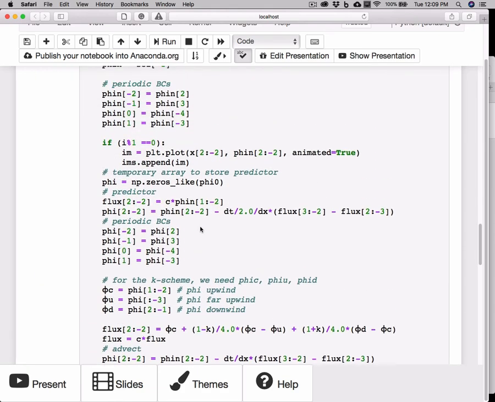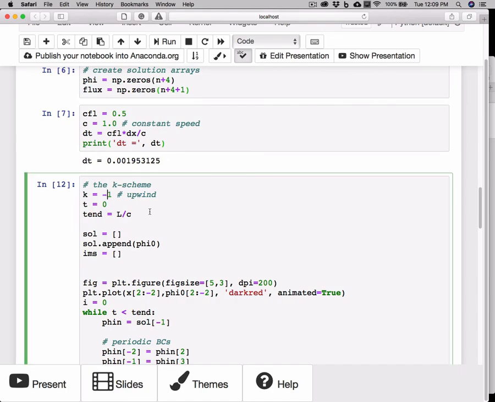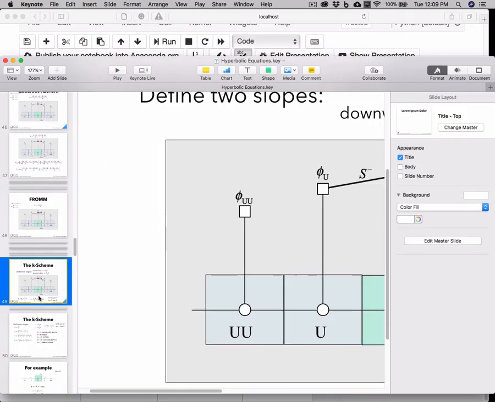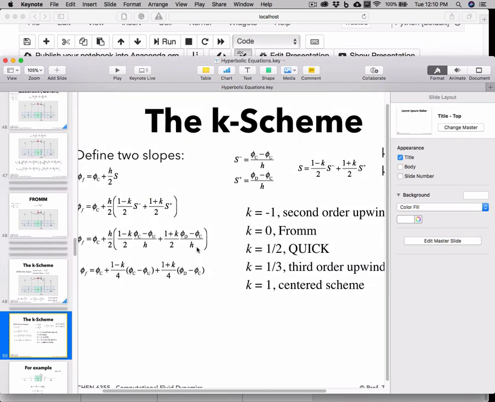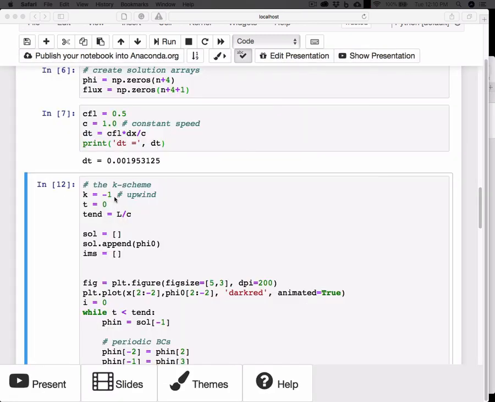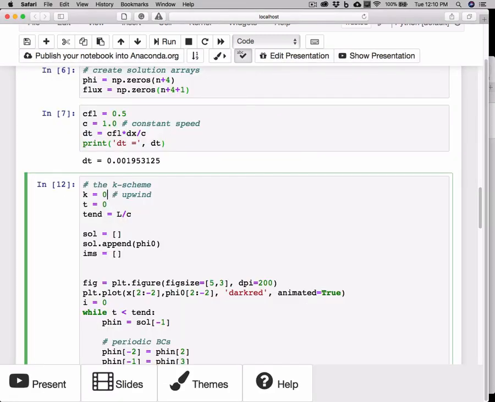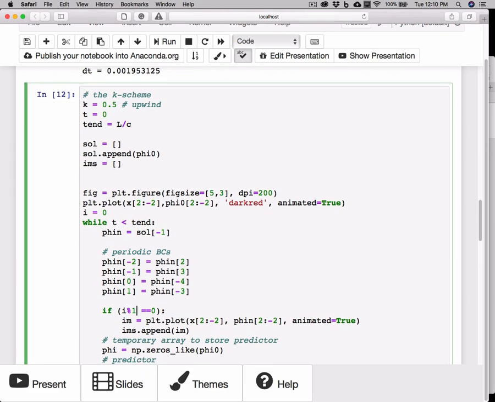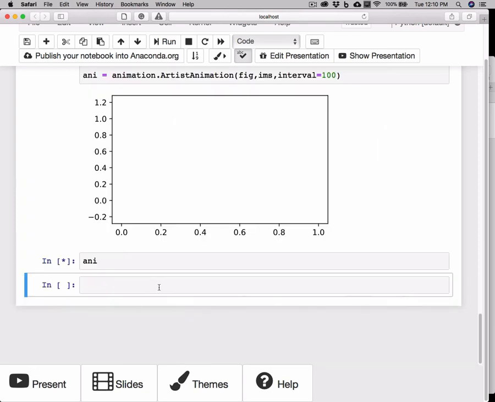This is for the second order upwind. Sorry, no, this is, hold on. What is this for? Yes, for the second order upwind. So if you go with QUICK, which is 1/2, so you just change this guy, okay? And let's animate every 4 time steps, let's say.